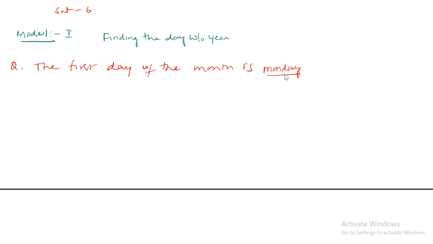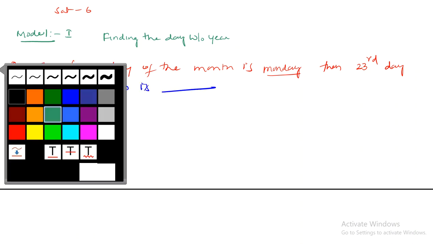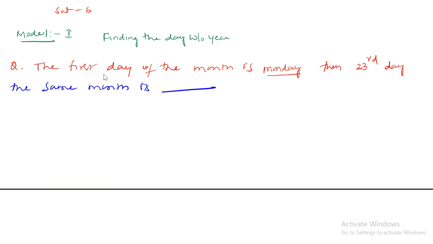Then the 23rd day of the same month is what? So the first day of the month is Monday, then the 23rd day of the same month is what?